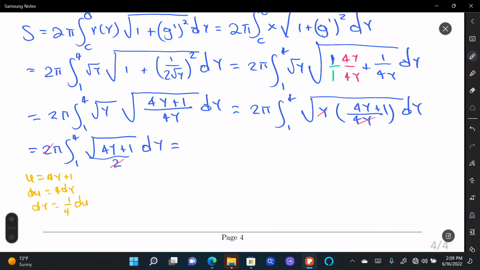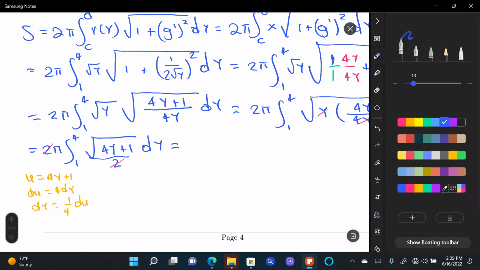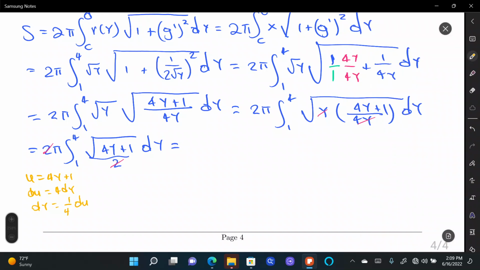And so this will be okay. Yeah, let's change the limits again. U evaluated at 1 equals 4 times 1 plus 1, which equals 5, and U of 4 is 4 times 4 plus 1, which equals 17. I think you're going to see the similarities here because we're getting the same limits of integration as before, and the u will look a lot like the same as well.